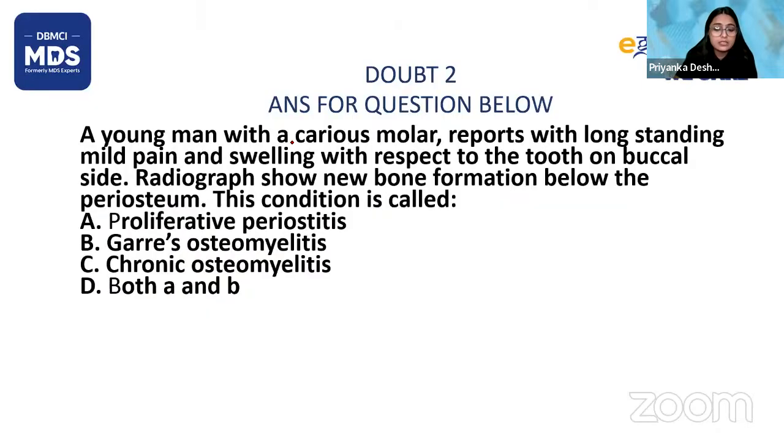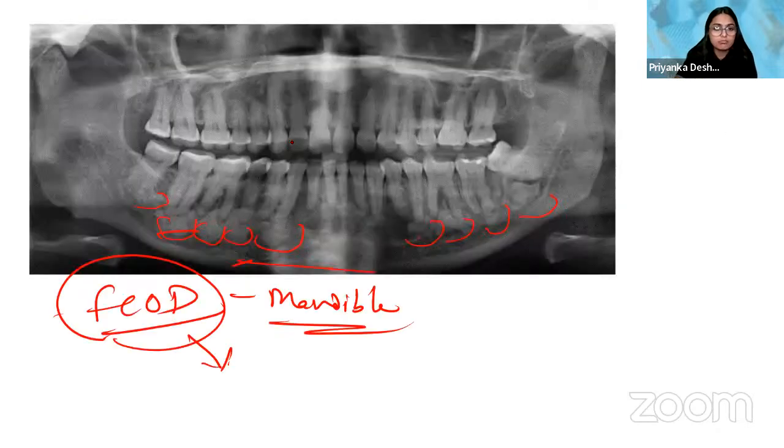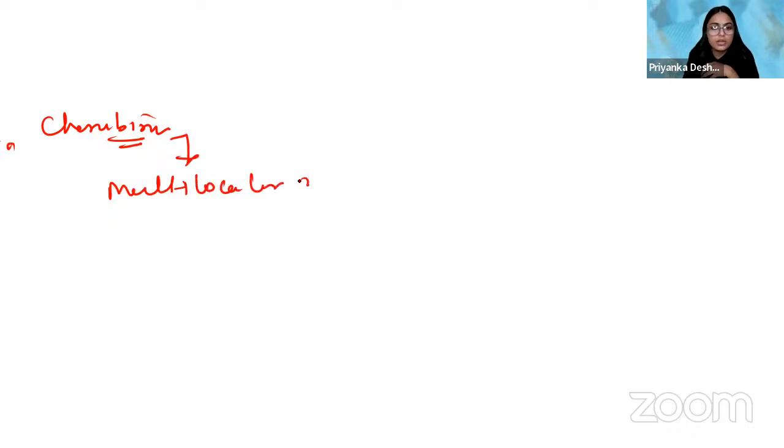Most commonly asked, you can say, one more entity is there, which is cherubism. Cherubism mostly occurs as a multilocular radiolucency, and it affects the jaws bilaterally.